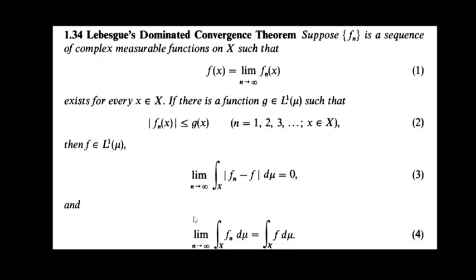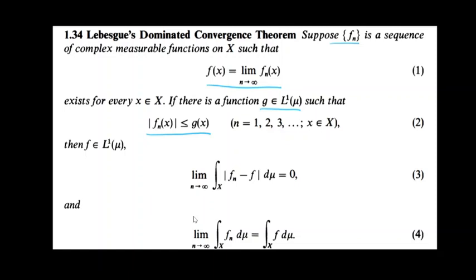This theorem states that suppose f_n is a sequence of complex measurable functions on X such that f(x) equals the limit as n tends to infinity of f_n(x) exists for every x belonging to X, and if there is a function g in L1(mu) such that |f_n(x)| is less than or equal to g(x) for n varying from 1, 2, 3, etc.